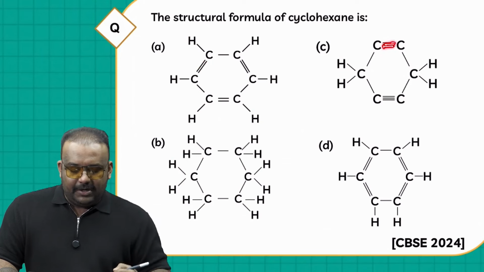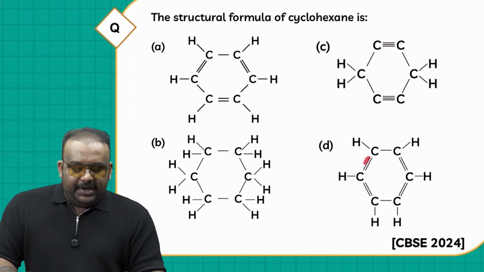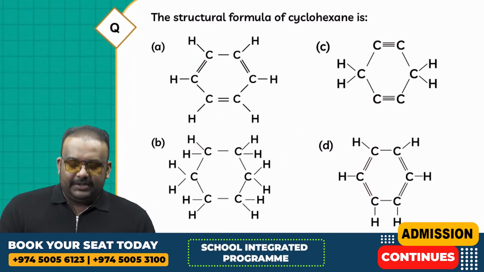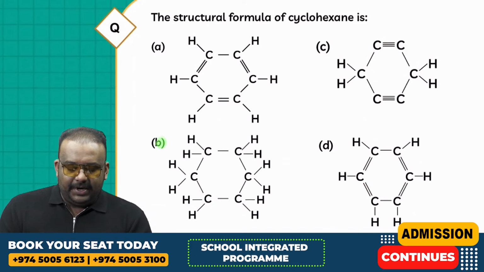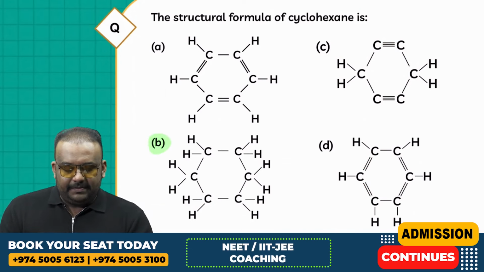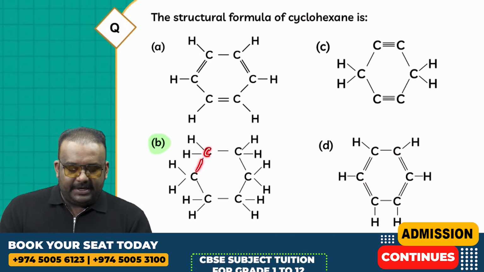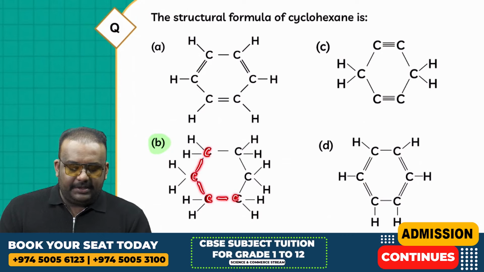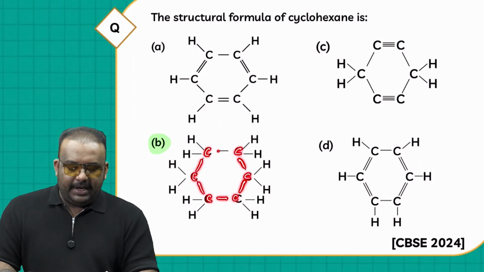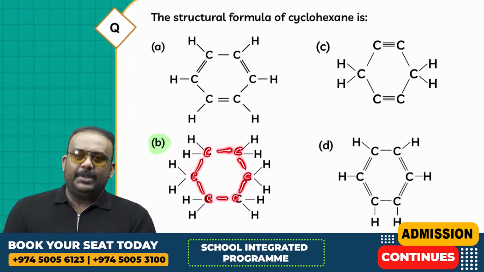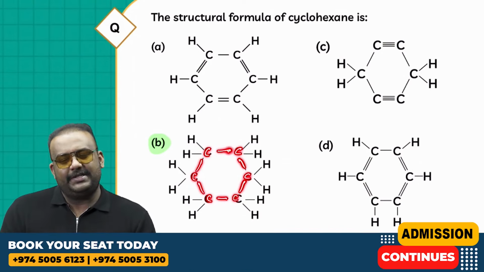Here there is a triple bond. And in option D also, you can see double bonds. So the only option where there are only single bonds between carbon atoms and there are 6 carbon atoms arranged in the form of a ring is option B. So this will be the right answer for the question.